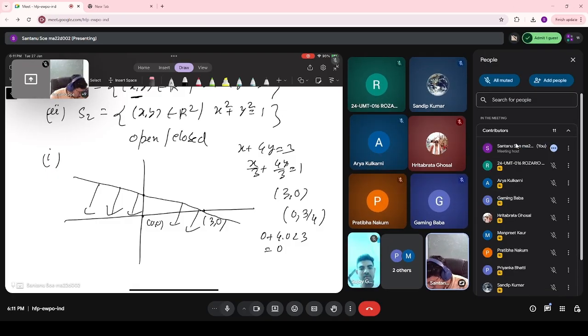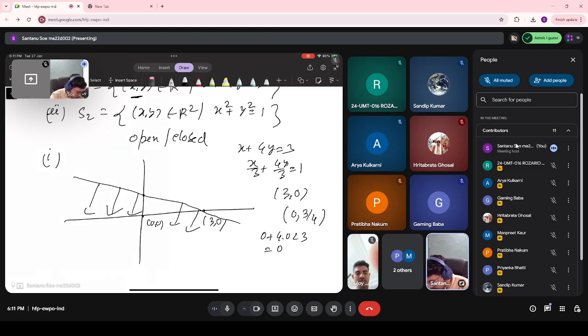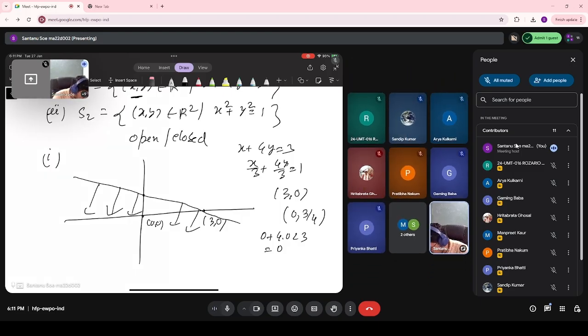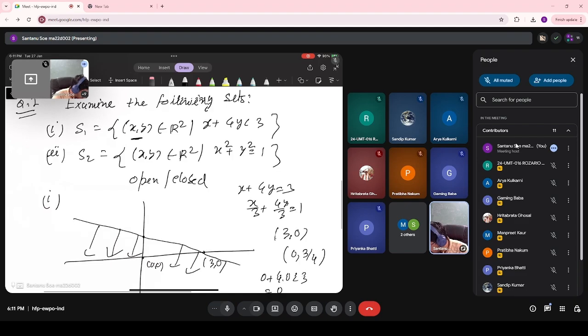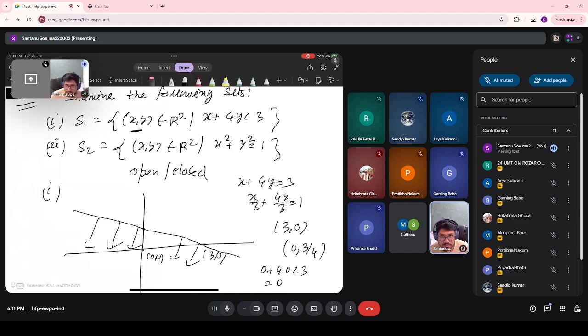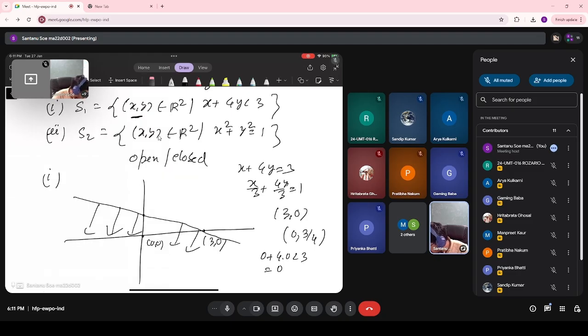Now, can anyone guess which set it will be? Will it be open or closed? Anyone from the audience can guess, is it open or closed?